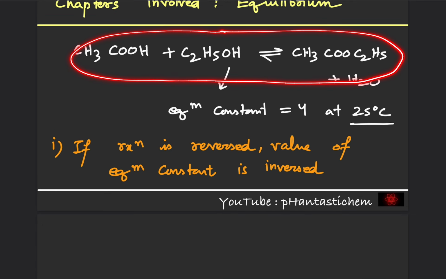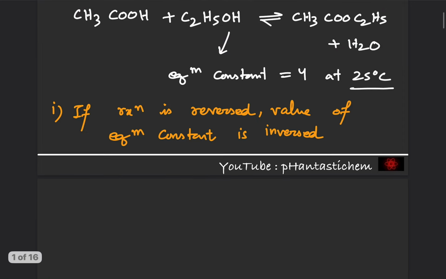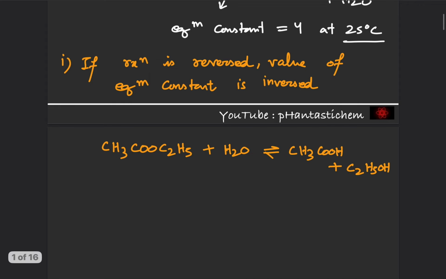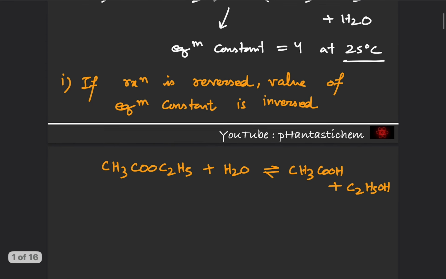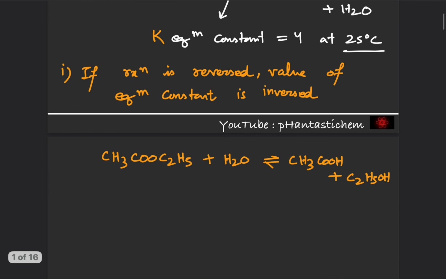So if we write this reaction in inverse manner, now this time the ester is reacting with water to give us the corresponding alcohol and the carboxylic acid, that is CH3COOH plus C2H5OH, right? So for this reaction, let us say the equilibrium constant here was K, and for this reaction it is K dash.